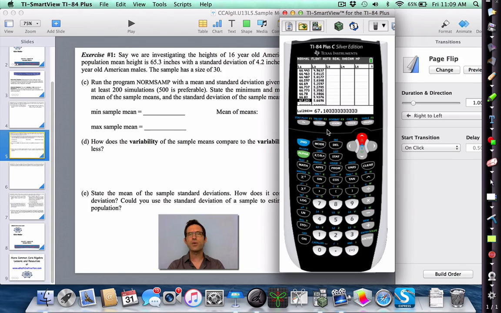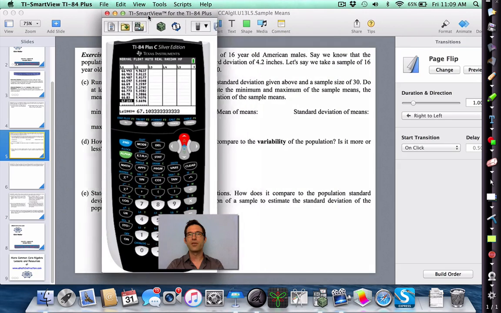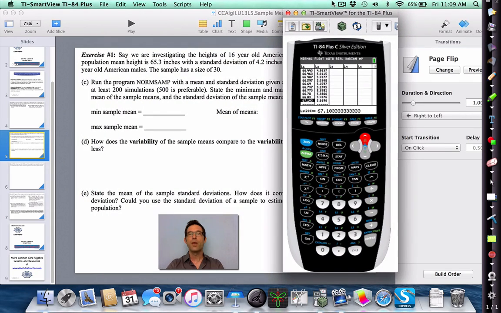Now, this question also asks us for the mean of the means and for the standard deviation of the means, all right? So what I'm going to do is go into Stat, go over to Calculate, and do one variable stats on all those sample means. All right, now I'm going to delete that L2 out of my frequency list. And I'm going to do one variable stats on those means.